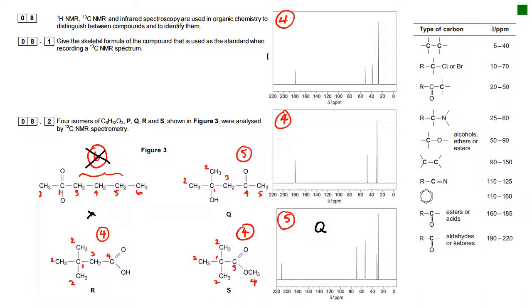Okay, so let's have a look at the differences between R and S. The left-hand side of the molecules looks pretty similar, so let's ignore that. In R, we've got this carbon here. We could see if we could find that carbon on the table of chemical shifts, and then see if we can find a peak for that.